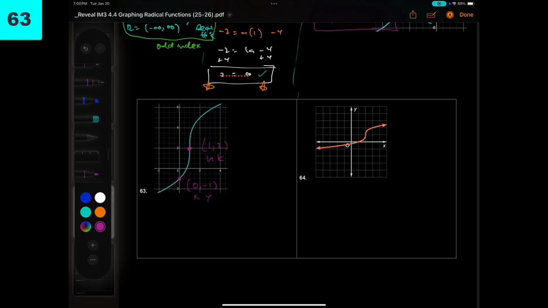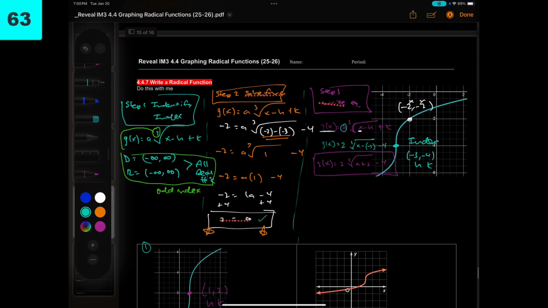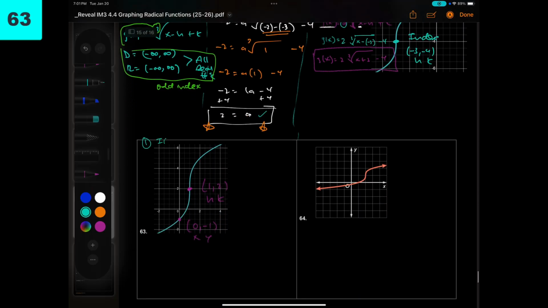Okay, step 1 is done. We've just identified the things that we wanted to. Now let's go ahead. So number 1, identify the index. Just means h, k, x, and y.